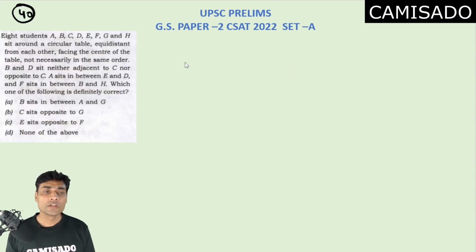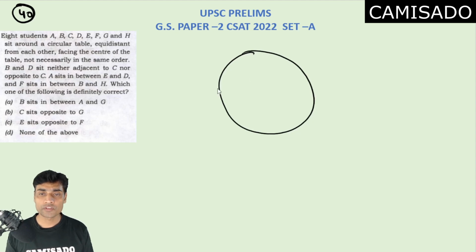Now again, 8 students A, B, C, D, E, F, G, H sit around a circular table. So make a circular table here. These are the positions. Now seeing the conditions, B and D sit neither adjacent to C nor opposite to C. So C is here, so B and D cannot sit here and here.